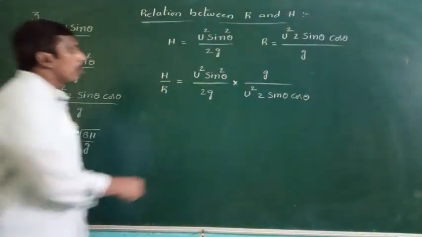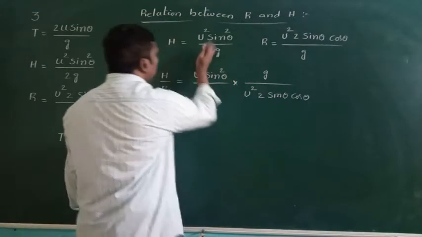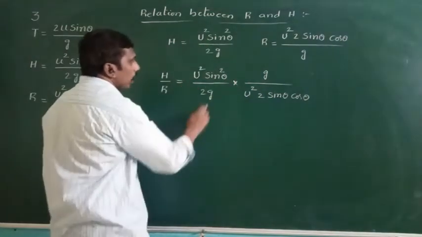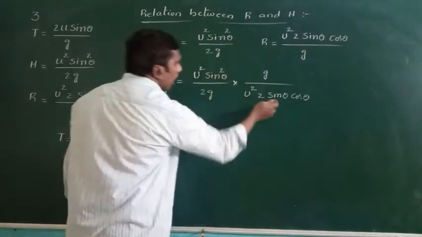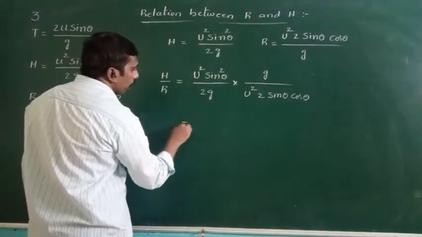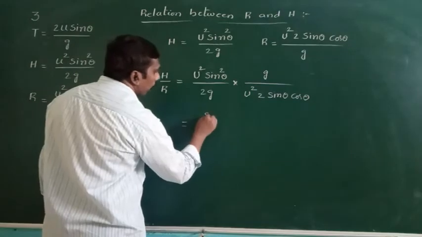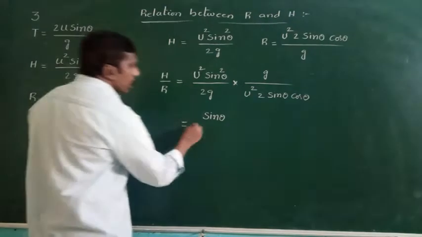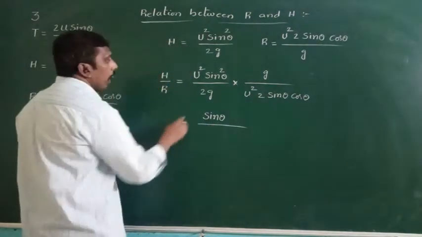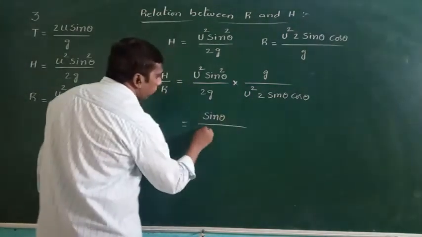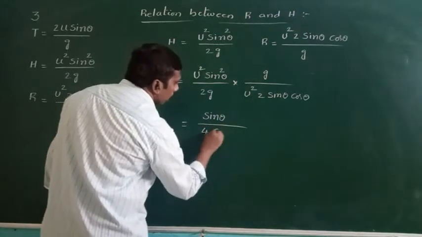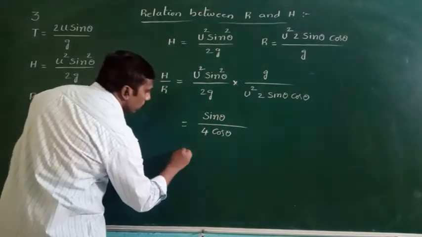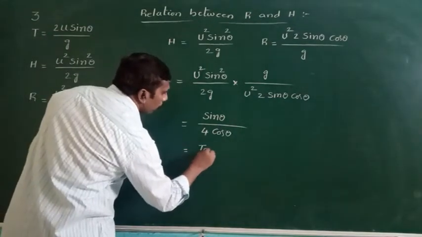From this, u square gets cancelled, g gets cancelled, sin theta one time gets cancelled, and finally in the numerator we get sin theta, divided by, in the denominator, 2 into 2 is 4, cos theta.